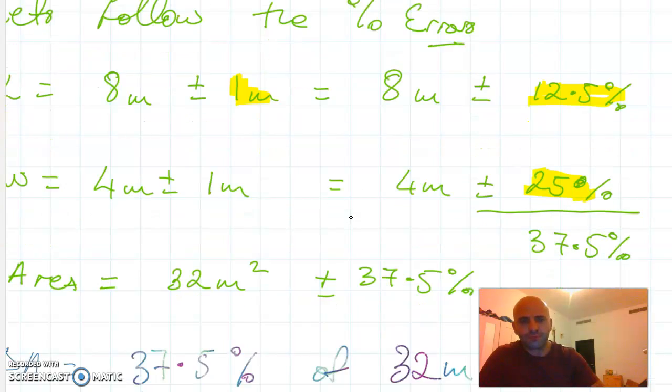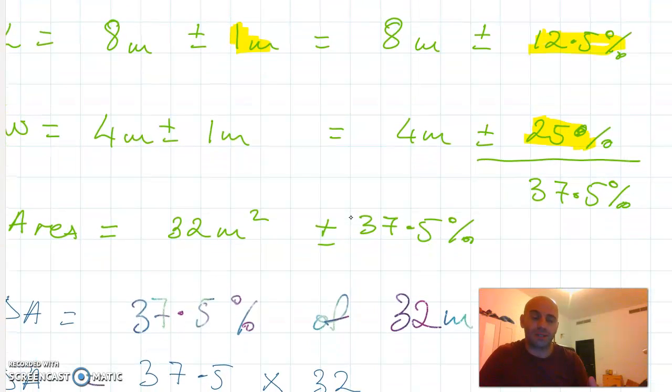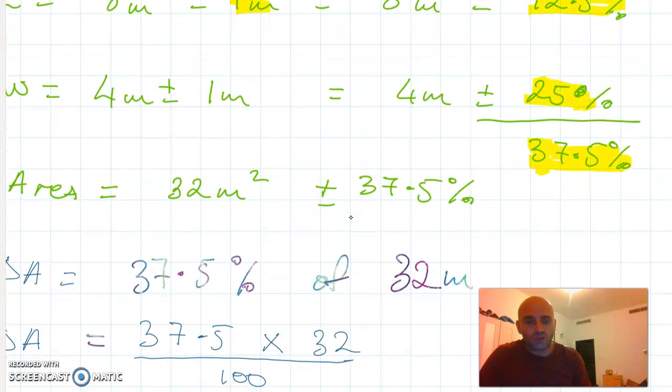Our rule says that we should add the percentage uncertainties, and that should give us the percentage uncertainty in the area. So 25% plus 12.5% gives us 37.5%. And what exactly is 37.5% of 32 meters squared?